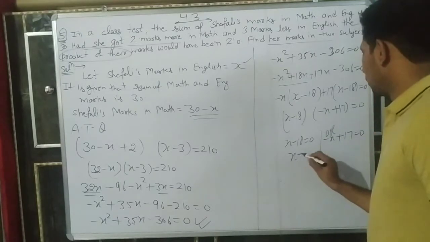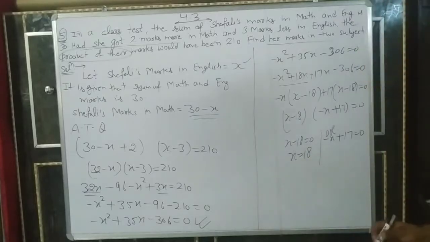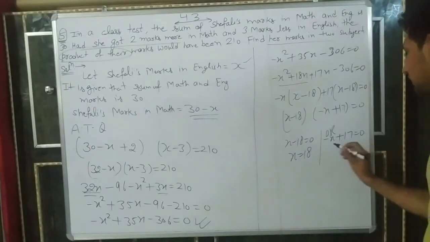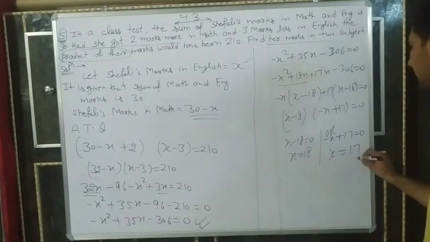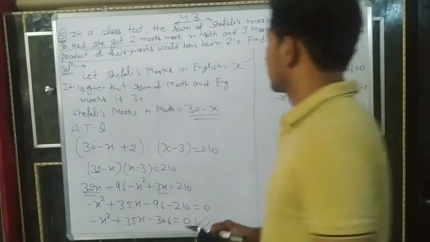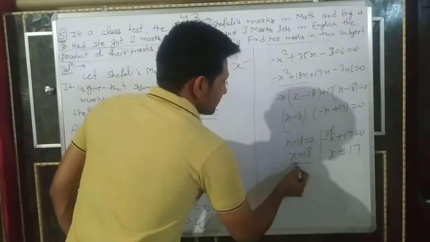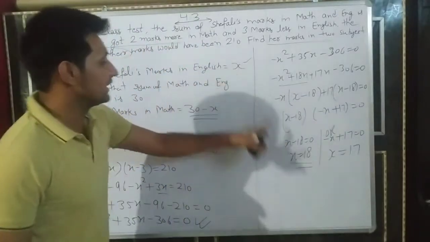So x equal to 18. Next is minus x, another side positive, x equal to 17. So there are two options. Either the total marks in English is 18.